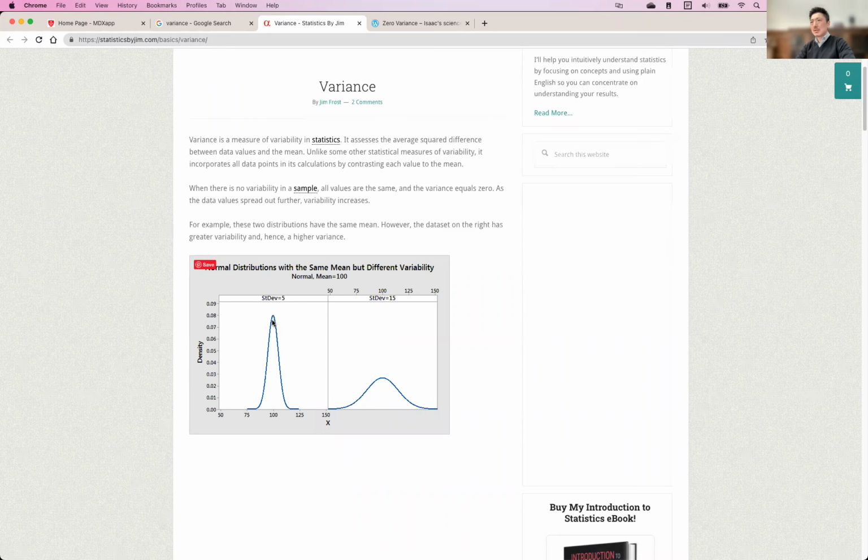Whereas here, there are fewer numbers in the middle, which means there are more numbers that don't have 0 variance. They're further spread out, and this one would have a larger variance. So this is what a larger variance looks like when you draw it, and this is a smaller variance. And for 0 variance, you have all the points along the middle, as we saw before. That's the 0 variance one.